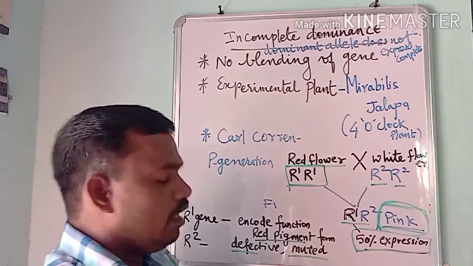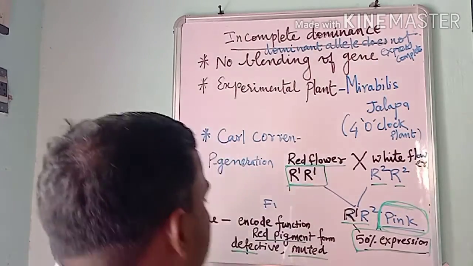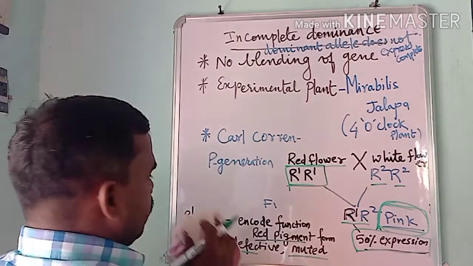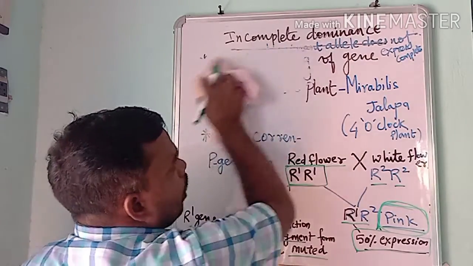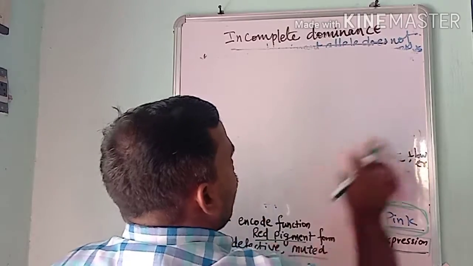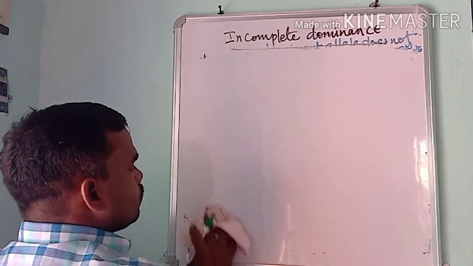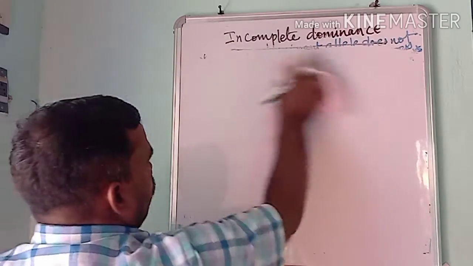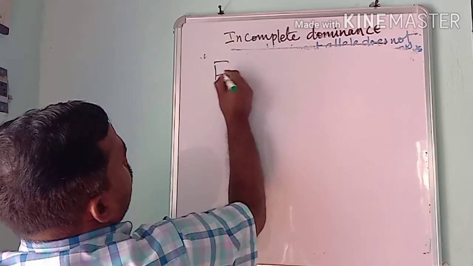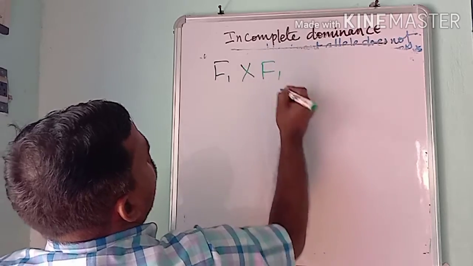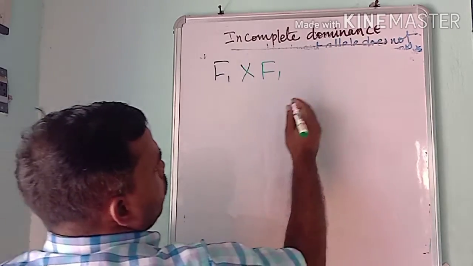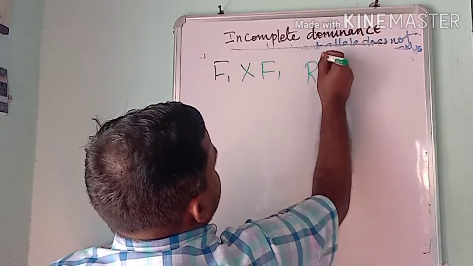Do you understand? When this F1 is allowed to self-pollinate, we get red flowers, white flowers and pink flowers.